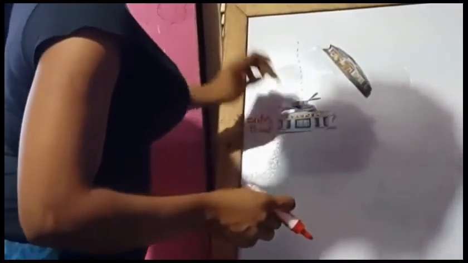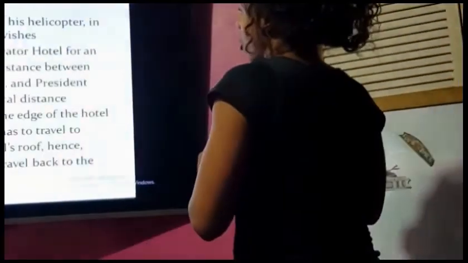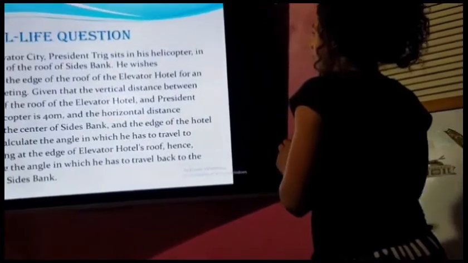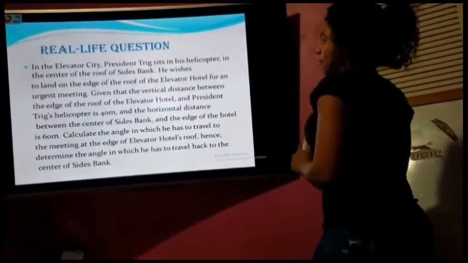He wishes to land on the edge of the roof of the elevator hotel for an urgent meeting.